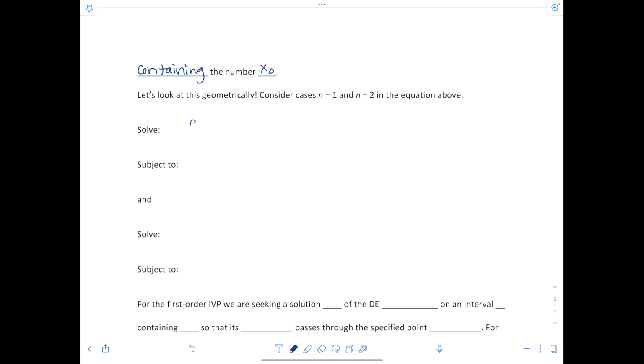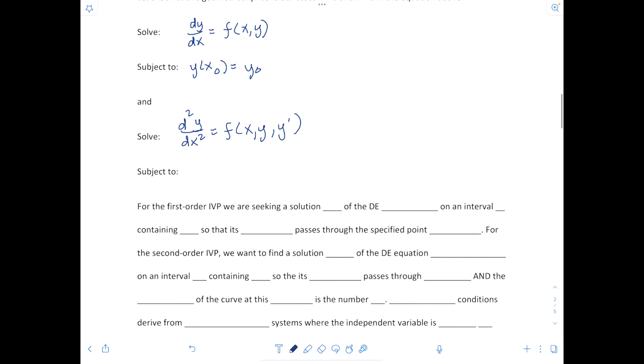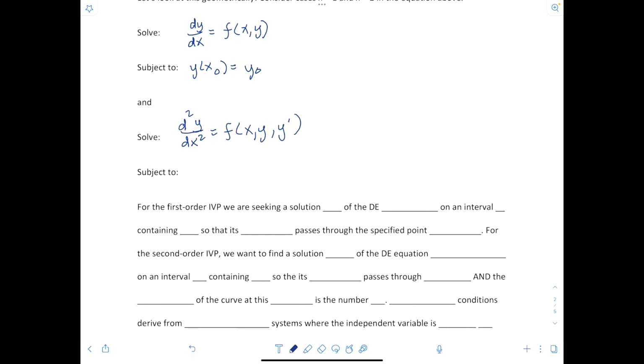So first order would be, you'd have dy/dx equal to some function of x and y, and it's going to be subject to y at x0 equal to y0. And if you have the second order differential equation, you would have a function of x, y, and y prime, and that would be subject to two conditions.